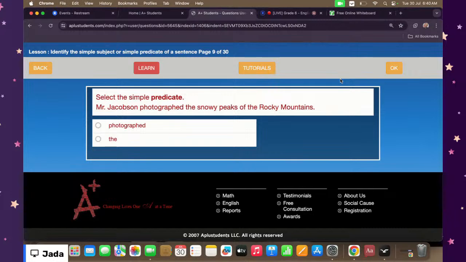So, what are you identifying? Are you identifying the subject or the predicate? Let me know which one. What is your subject here and what is your predicate? Okay. Matthew is the simple subject, I suppose, in my sentence.